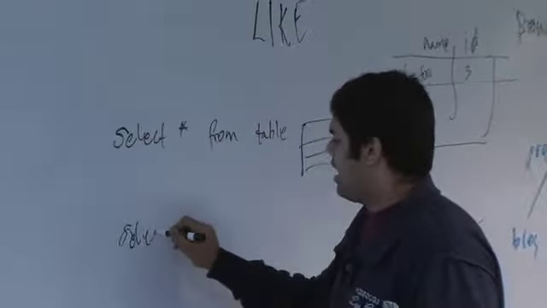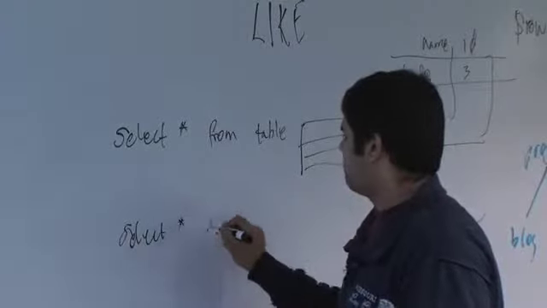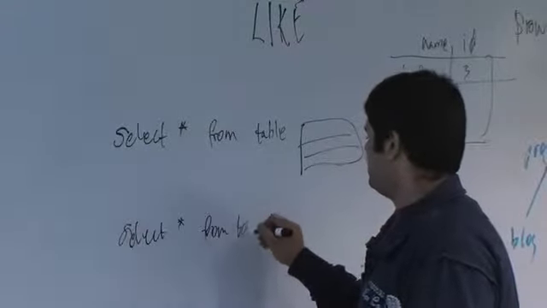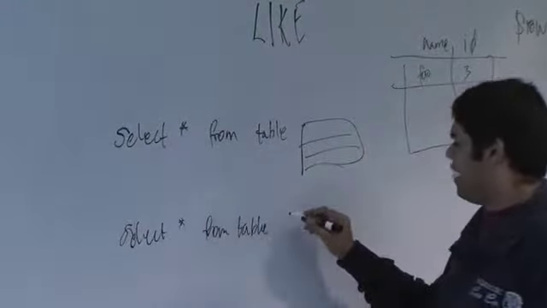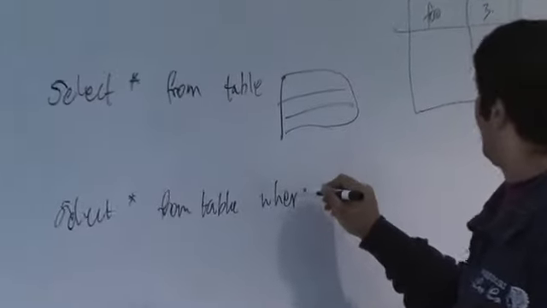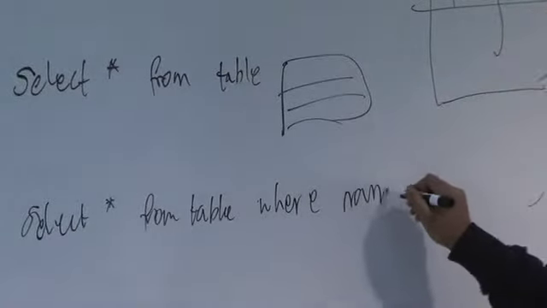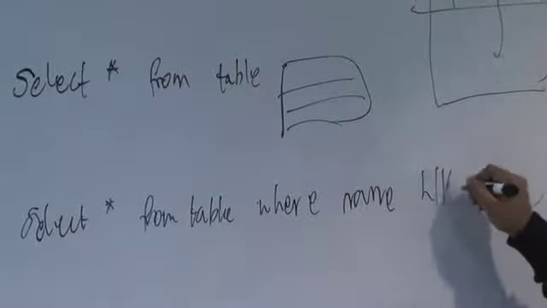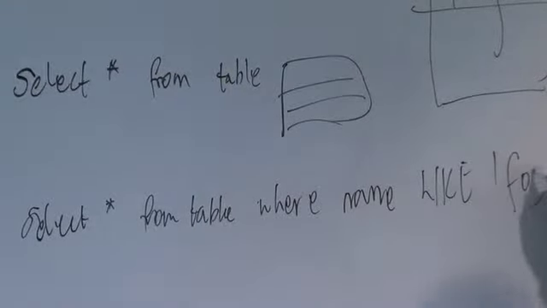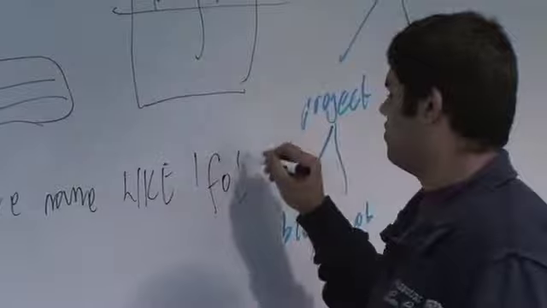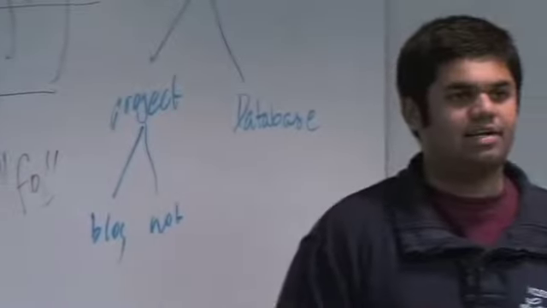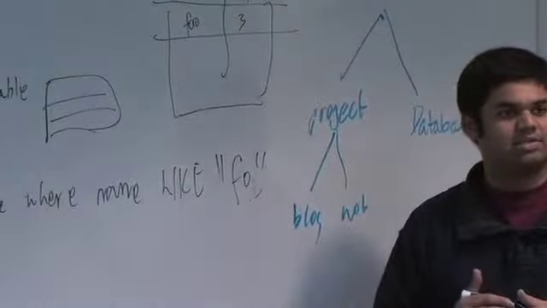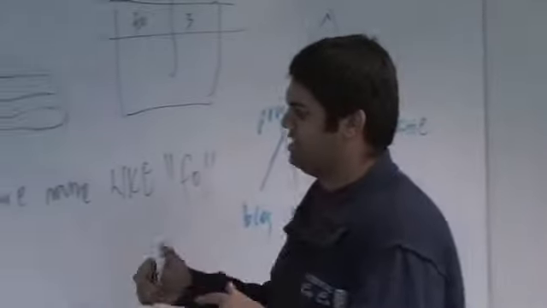Select star from table where name like FO. This is basically just like your equals sort of keyword, so an equals operation.